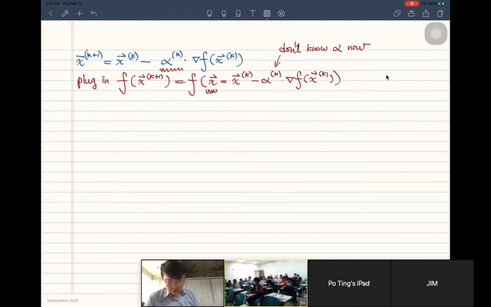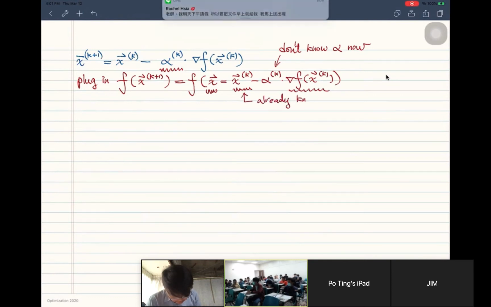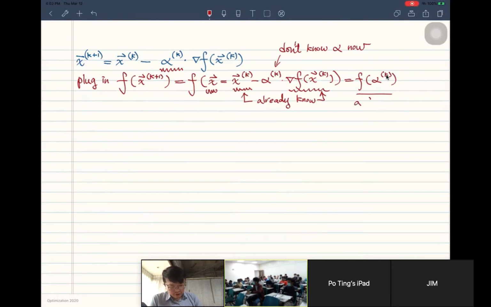So what will happen is, because we already know these two, we have our previous design and we know the gradient, the only thing we don't know is alpha. So this function becomes a function of alpha, the unknown alpha. Okay?